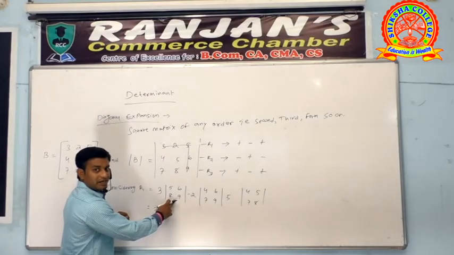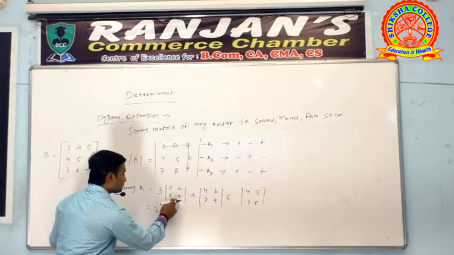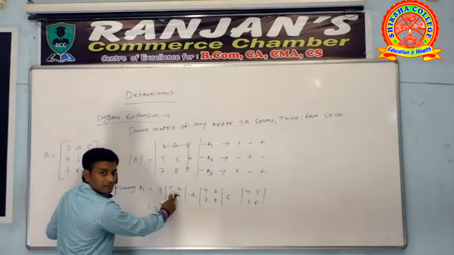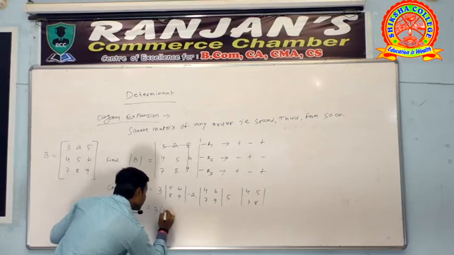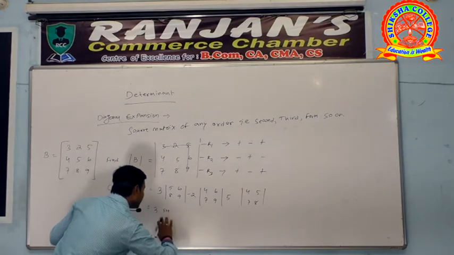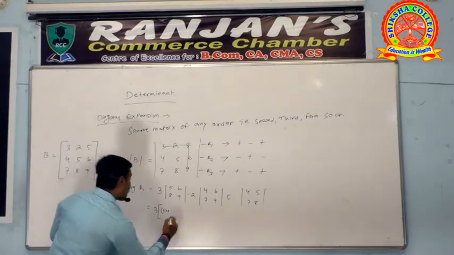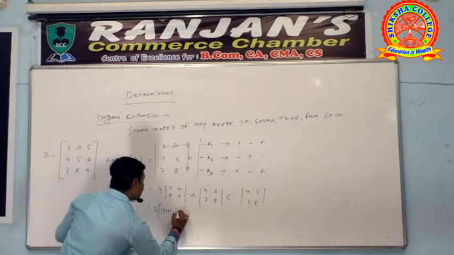So here, see, 5 into 9 minus 8 into 6. First of all, 3 into the bracket 5 into 9 minus 8 into 6.